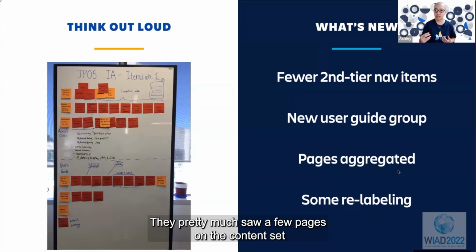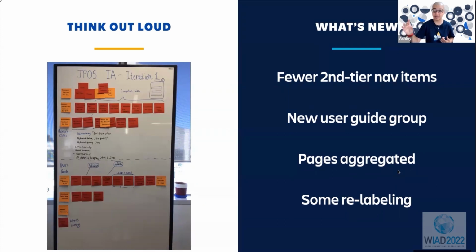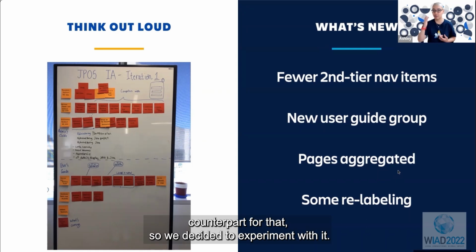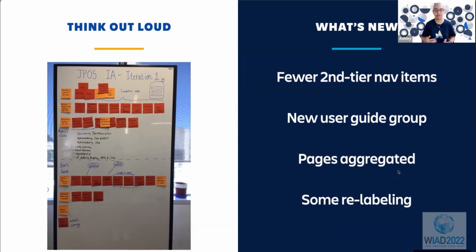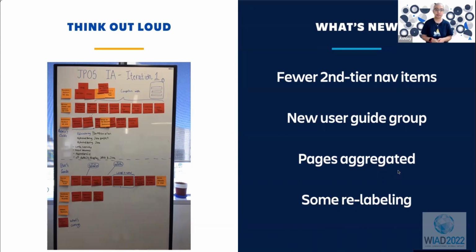They pretty much saw a few pages in the content set and assumed that they were admin tasks, but we didn't have a user task counterpart for that. So we decided to experiment with it and roll out a new user guide group. And we were hoping that this would give a clear distinction between admin and user tasks.